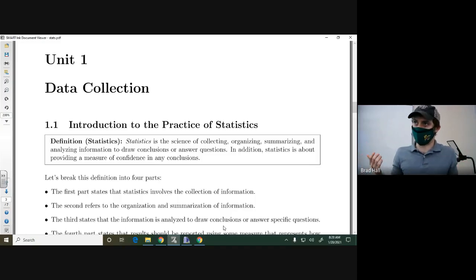Statistics in a more practical feel, as we'll talk about later, gives us a measure of confidence in any conclusions as well. So you may get a number, but how confident are you that this number represents the thing you're studying? These are questions that we will dive into as we progress through this section.